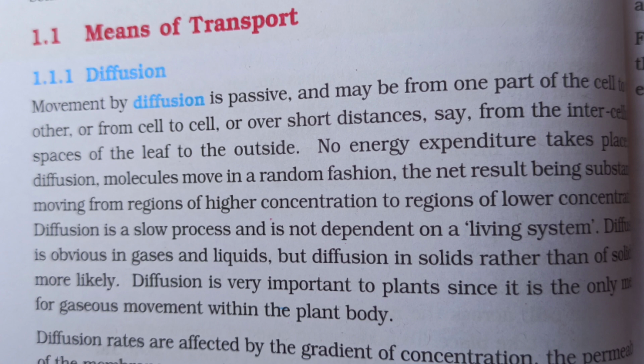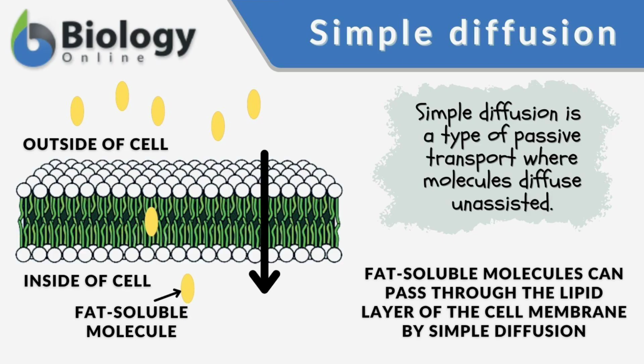Diffusion is passive. It may be over a short distance, within the cell, from cell to cell, or over the intercellular spaces of the leaf to the outside. Here no energy is required, and diffusion is obvious in gases and liquids.